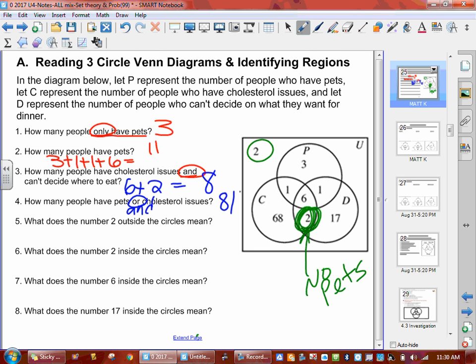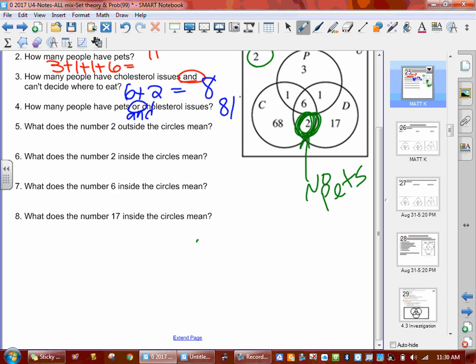What does the number 6 inside the circle mean? All 3, good. So all 3 overlap. They call that the triple overlap. So those are the people that have all 3 issues. They've got cholesterol issues, they can't decide where to eat, and they have pets. Okay? Number 8, what does the 17 refer to?